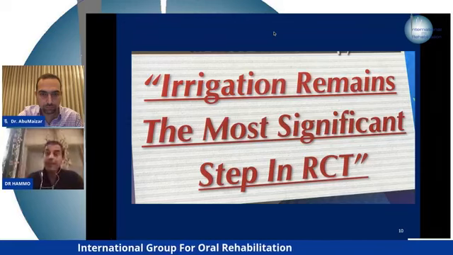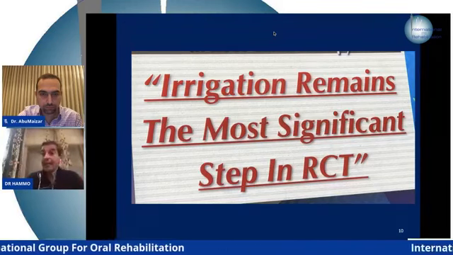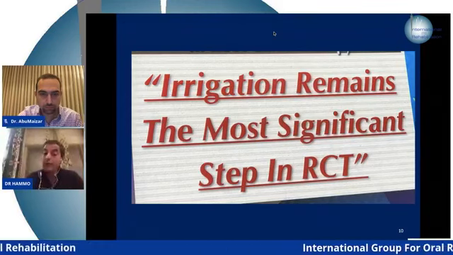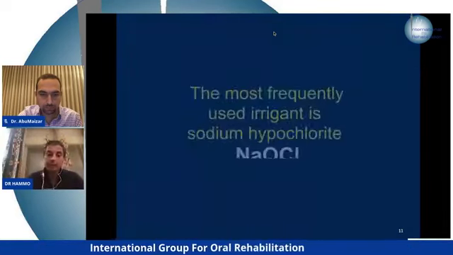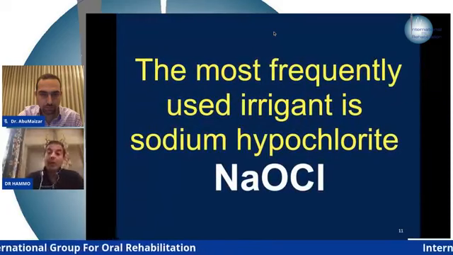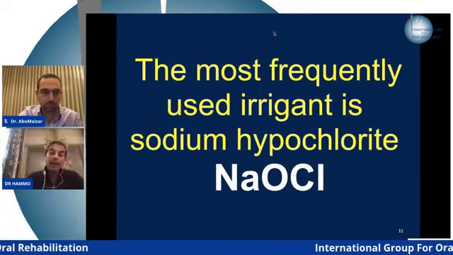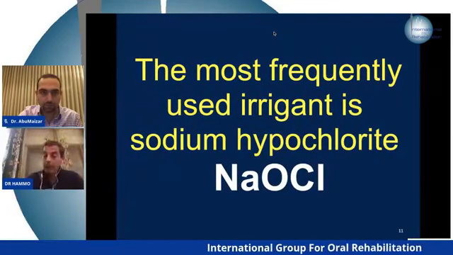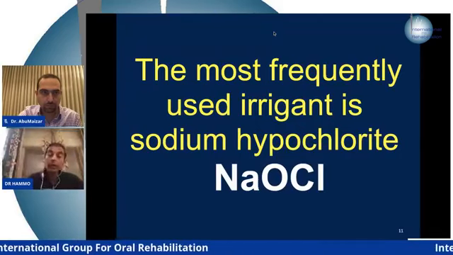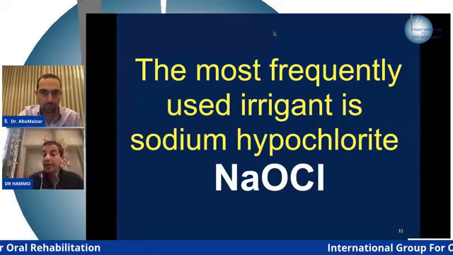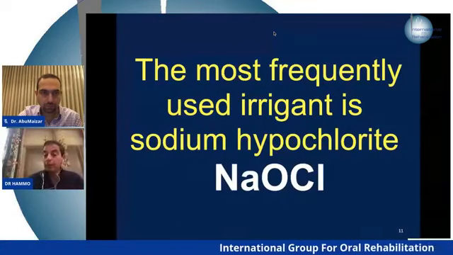But that means the tooth is well prepared, but it is not clean. We have to spend more time in irrigation to get a clean canal. The most frequently used irrigant is sodium hypochlorite, and today we will focus more on it because it's the major part of our irrigation protocol.